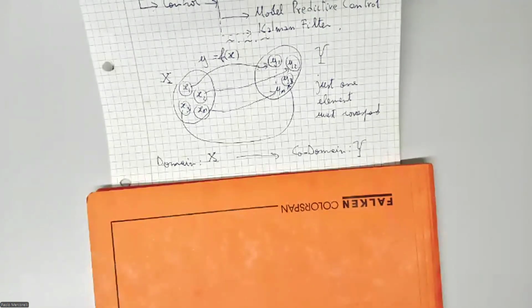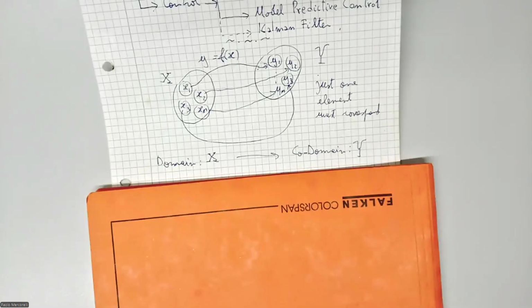We can see that each element has just one correspondence. I mean, x1 corresponds to y1, x2 corresponds to y2, or could also be y1, or 100, but just one.